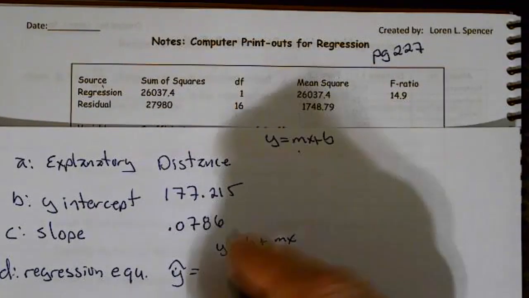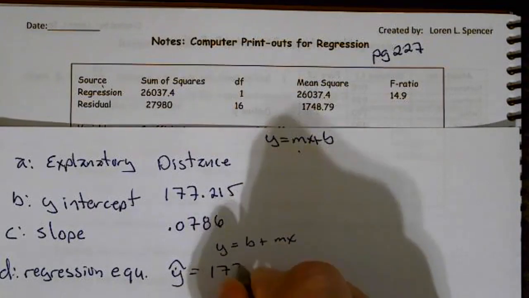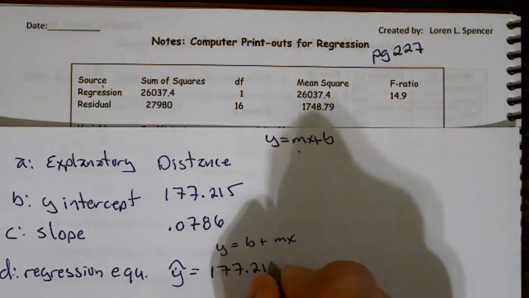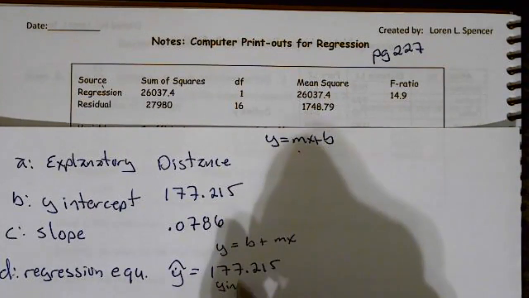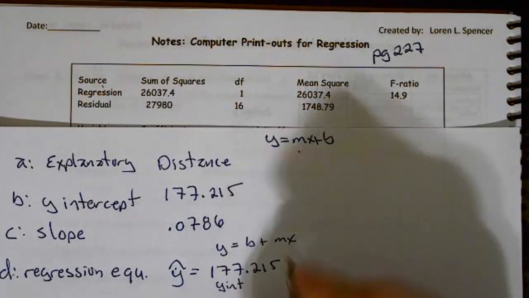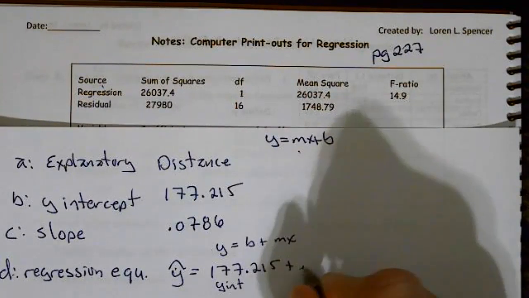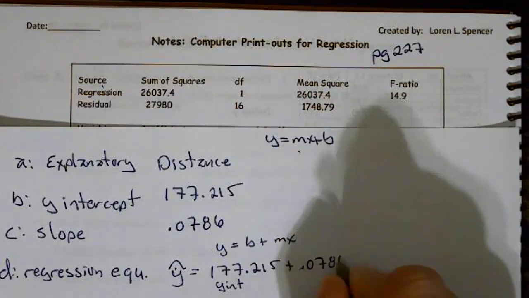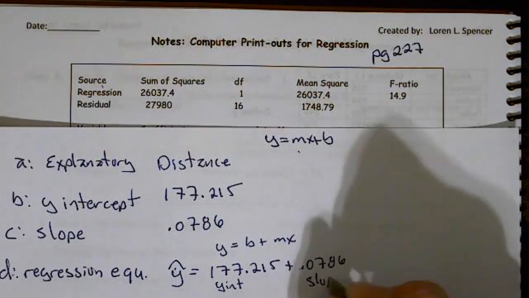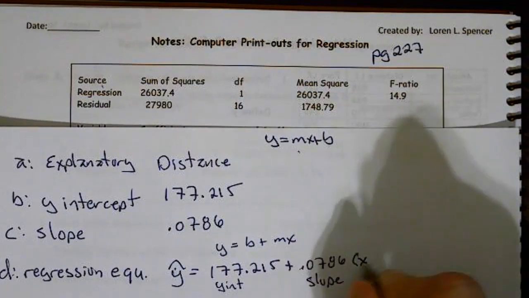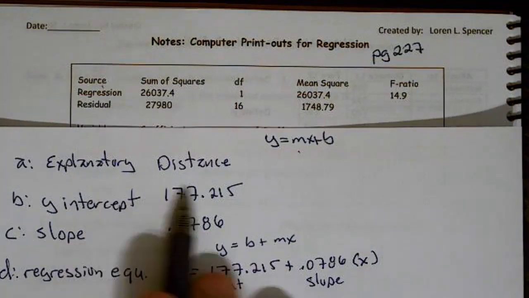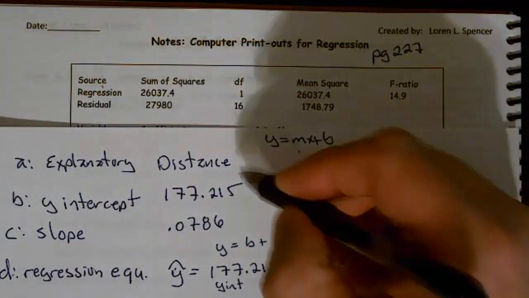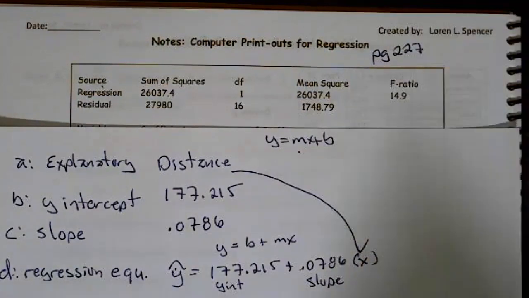That's 177.215. So there's my y-intercept. I'm going to label it here. You don't need to. That's my y-intercept plus 0.0786. There's my slope. And we need to follow that with an x. Now, that x we've already talked about is distance. So I could have just plugged distance right there.